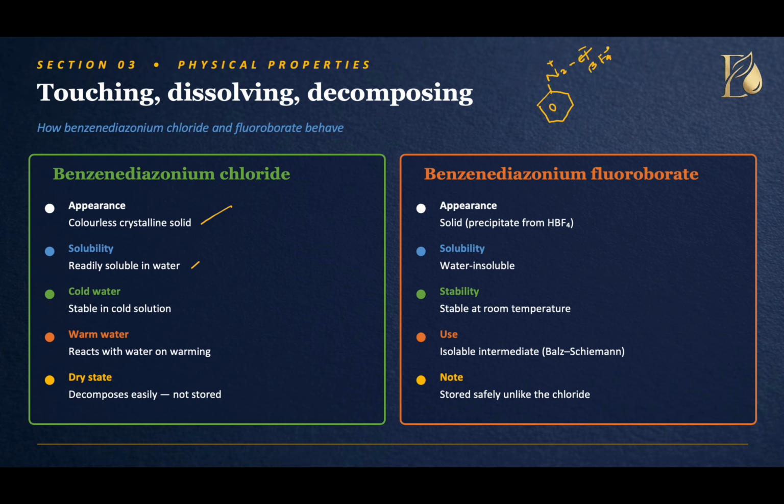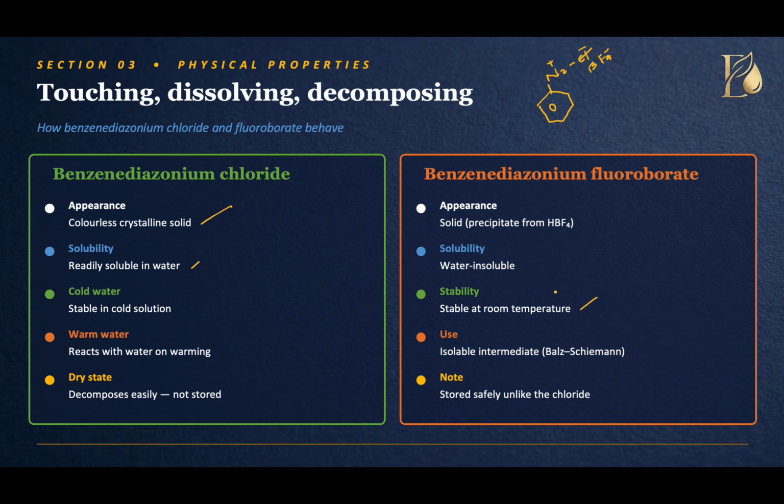So benzene diazonium fluoroborate behaves quite differently. It is insoluble in water and much more stable. Even at room temperature, they are stable. They can withstand room temperature. But benzene diazonium chlorides are stable only in cold solutions; by warming, they will decompose, or by isolating to a dry state they will also decompose.